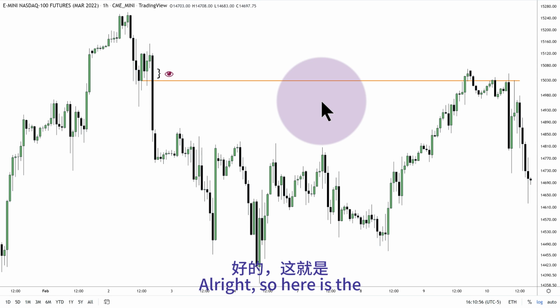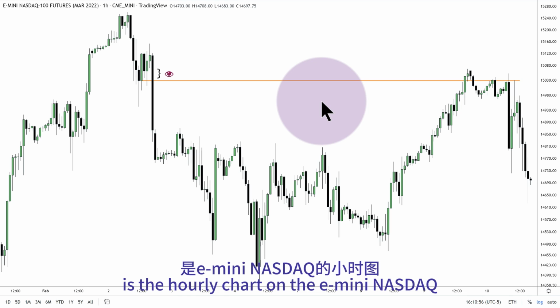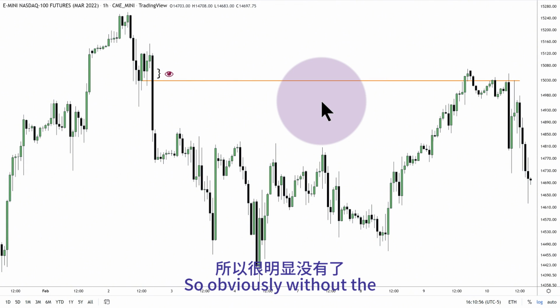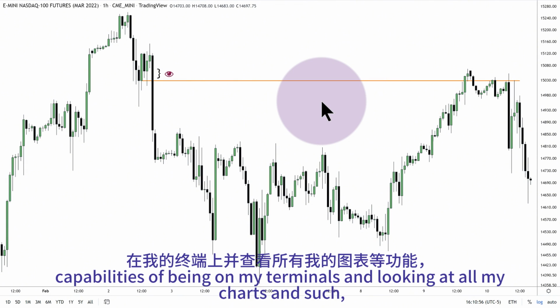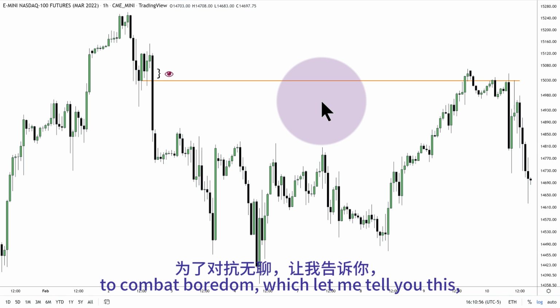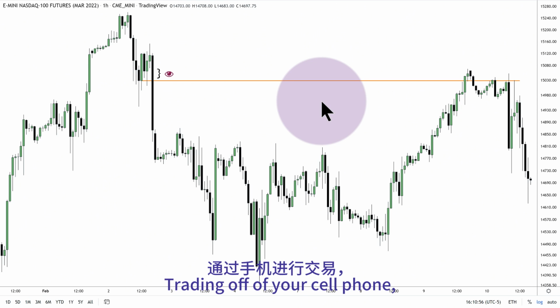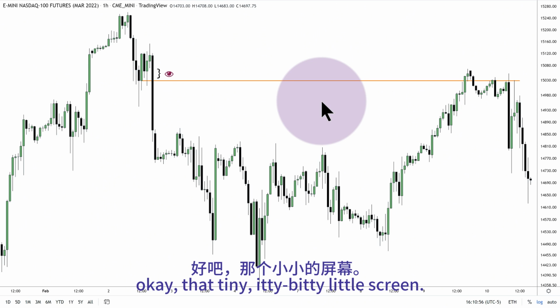All right, so here is the lecture for tonight. This is the hourly chart on the E-mini NASDAQ, March delivery contract. Obviously, without the capabilities of being on my terminals and looking at all my charts, to combat boredom, which let me tell you is something you do not want to do, I was trading off of my cell phone, that tiny itty bitty little screen.